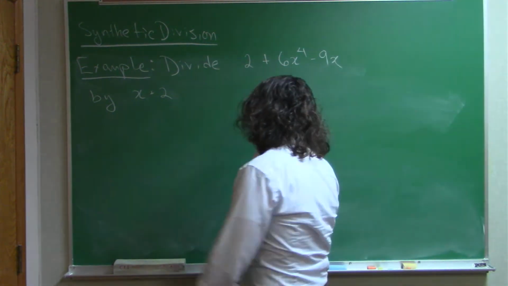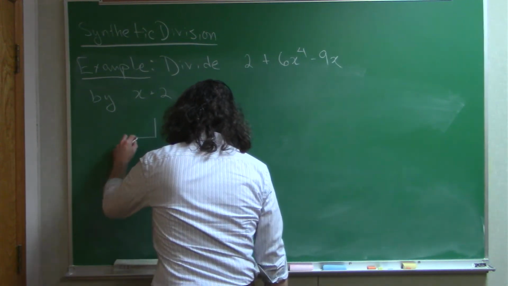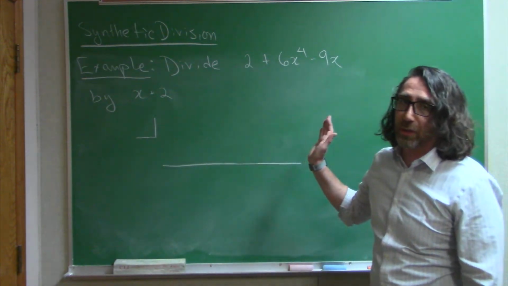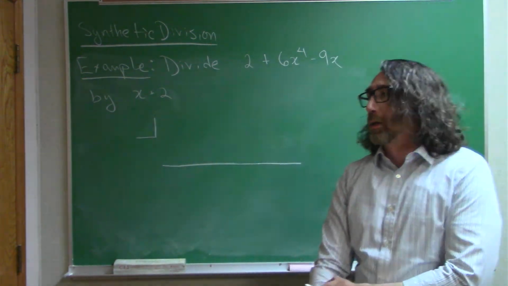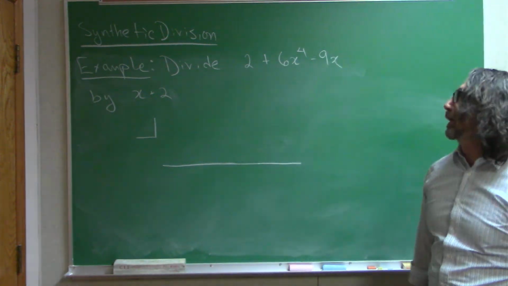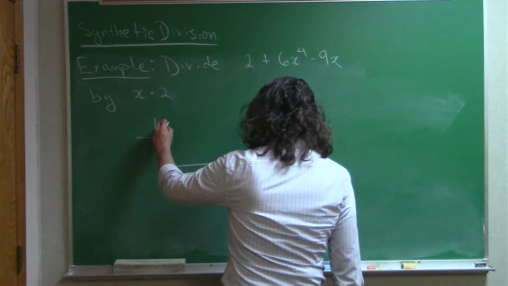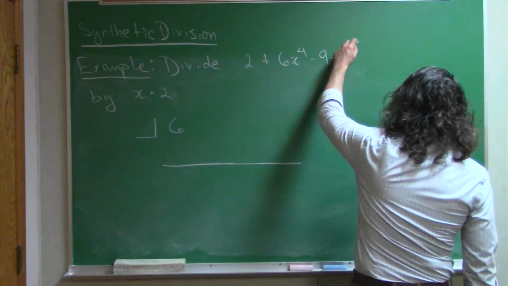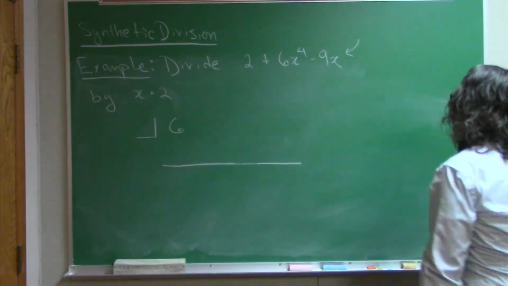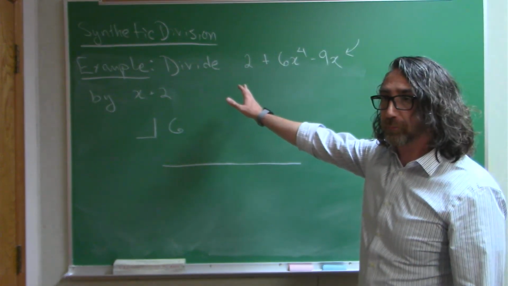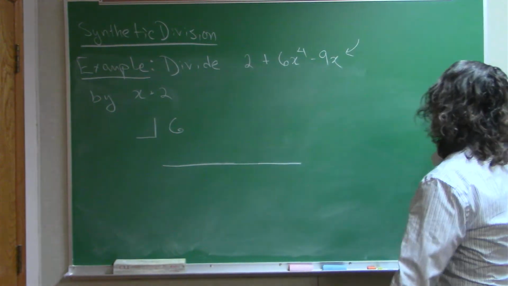Okay, so we've got our notch, and then we'll have the coefficients of the polynomial. Now, this is going to be a little tricky. Starting with a 6. Why? Well, we need to write the terms in descending order of the powers.